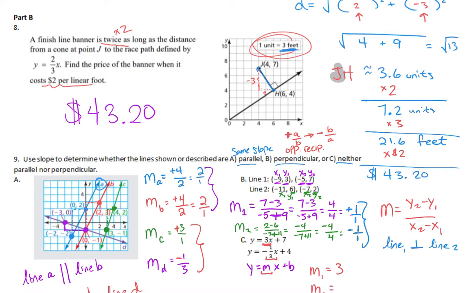And the slope in the m spot of the second equation is a negative 1 over 3. So if it makes you feel better, you can take that 3 and call it a 3 over 1. That's the same thing. And hopefully you realize that's a positive 3 over 1 and a negative 1 over 3. So again, those are opposite reciprocals. So line 1 would be perpendicular to line 2 because their slopes are opposite reciprocals.